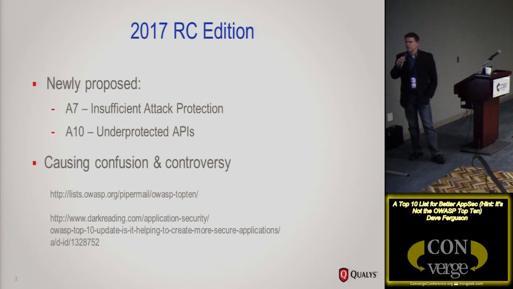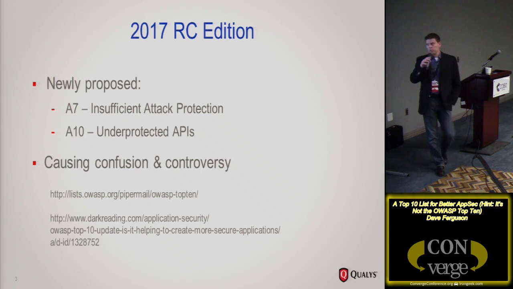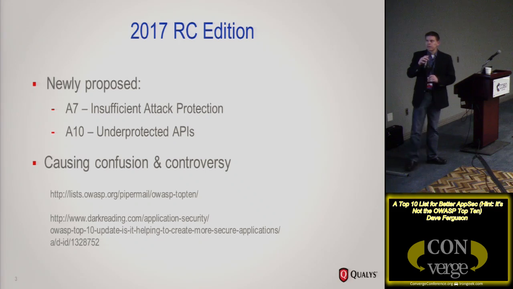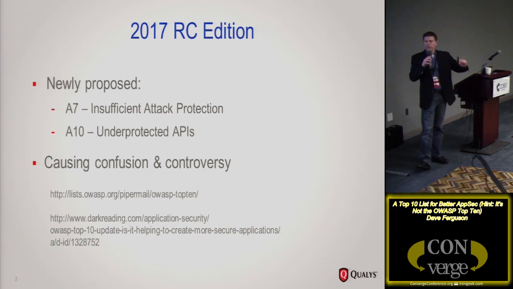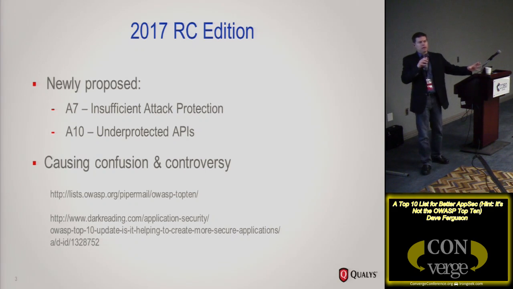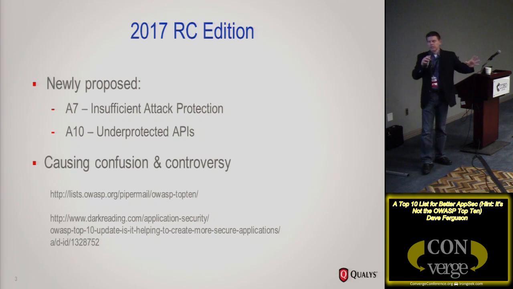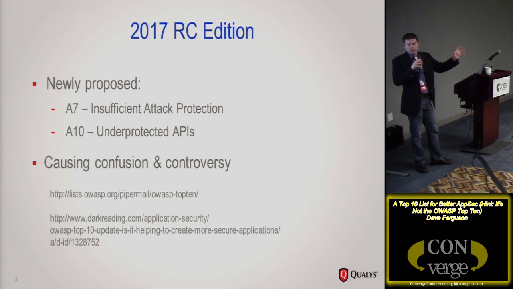So let me talk about A10, underprotected APIs. This is kind of interesting as well because it's not a vulnerability. It's basically saying, okay, A1 through A9, those apply also to APIs. So both of these are just a different way of dealing with this.